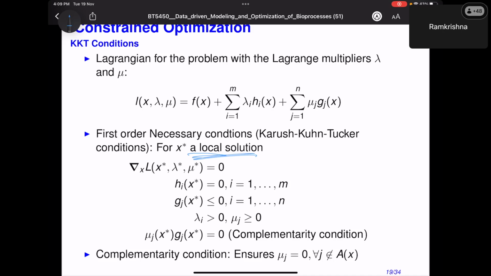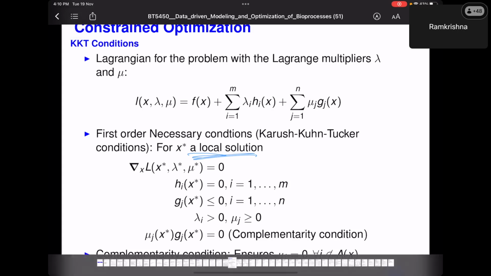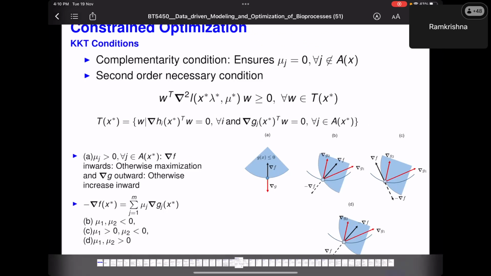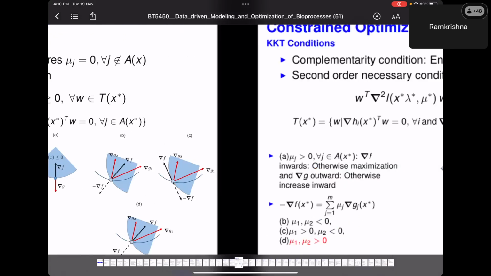When I was looking at mu, the only condition was that the gradient of f and the gradient of g need to have opposite signs, and therefore I strictly put mu to be greater than 0. Whereas in general, we never imposed any conditions on lambda. Here it is mentioned lambda i greater than 0, but that may not be strictly required. Okay, and then the second order conditions will still be the same.